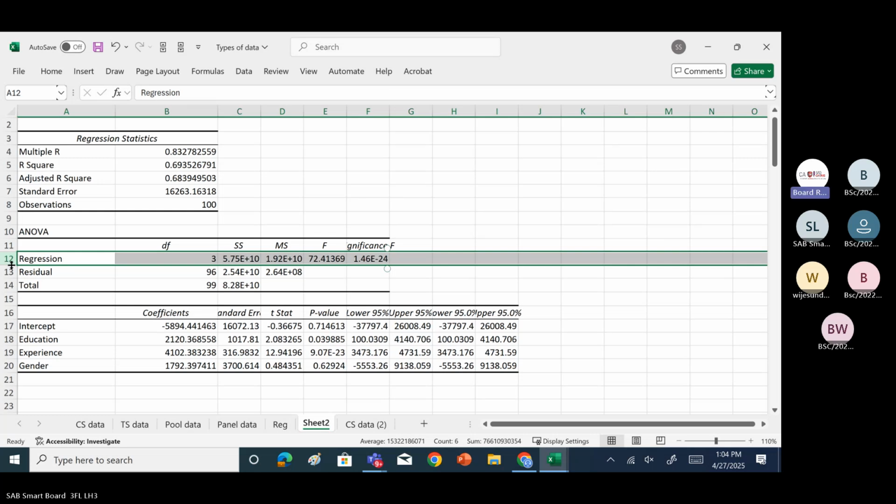If you change the experience by 1 unit, your salary may change by 4100. So this is the explanation regarding the slopes, or else the beta values. These are beta values.